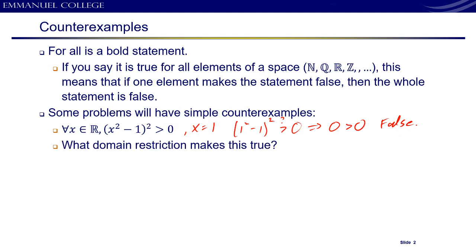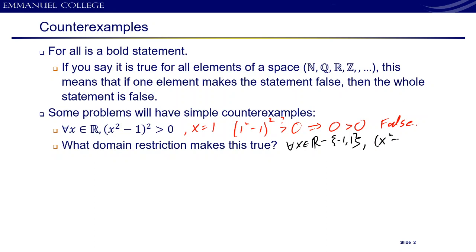Now, we said 1 wouldn't work, but nor would negative 1. So this becomes true if I change it to for all x in R minus negative 1 and 1, because those are the only values that make it false.